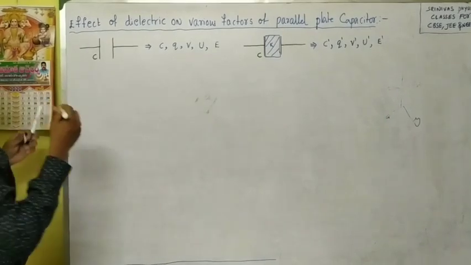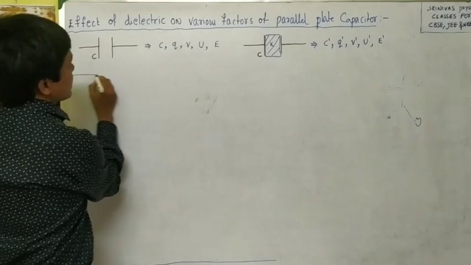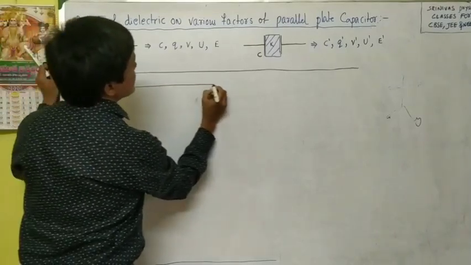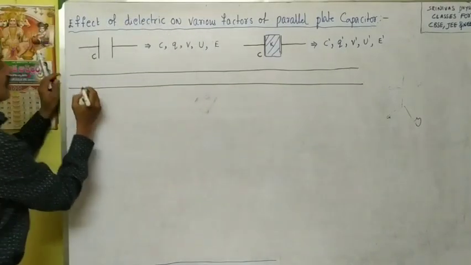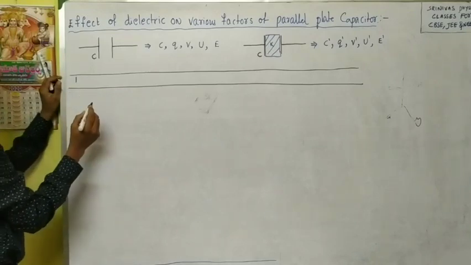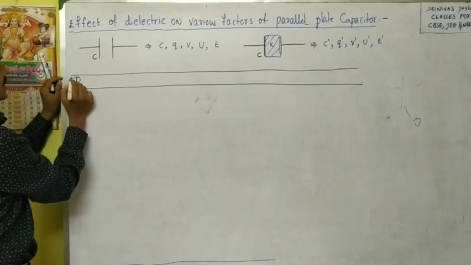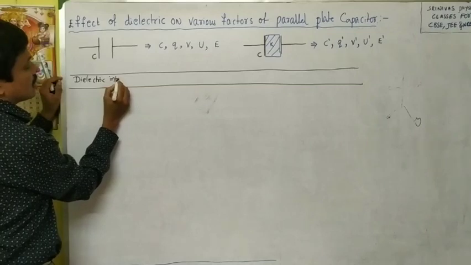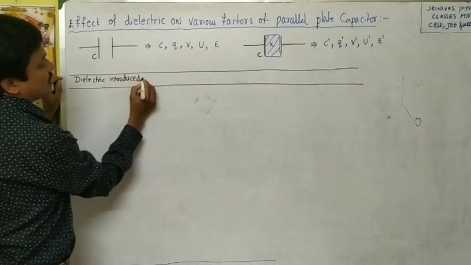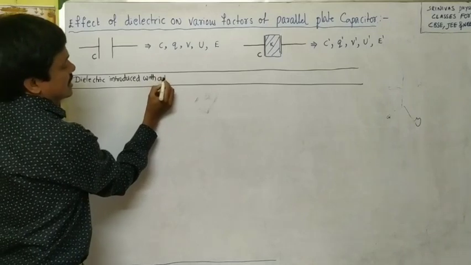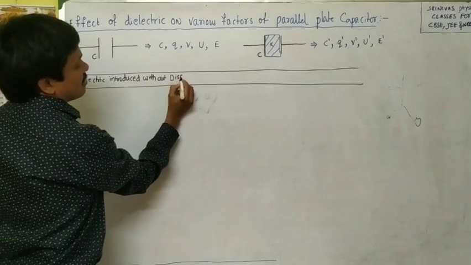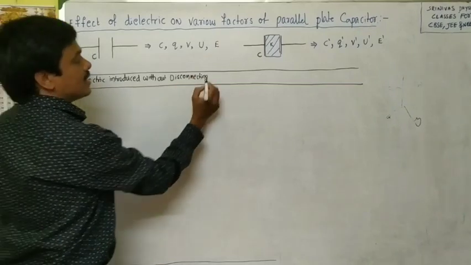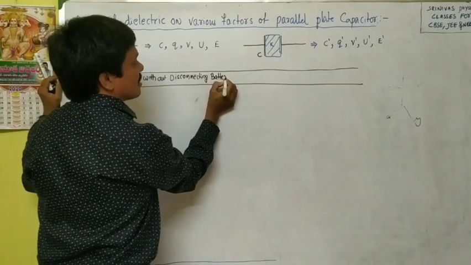First of all, it is very simple. Let us draw one table for simplification. The first case is dielectric introduced without disconnecting the battery, which means the battery remains.